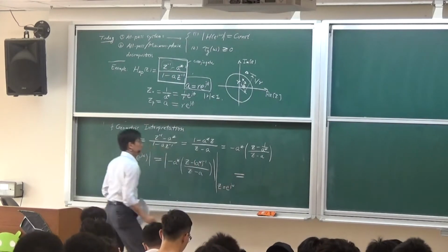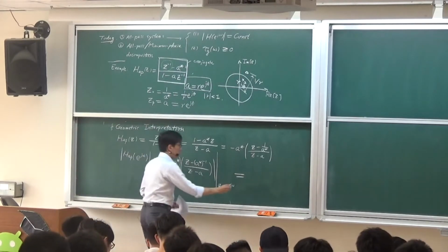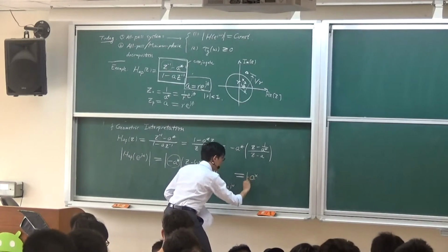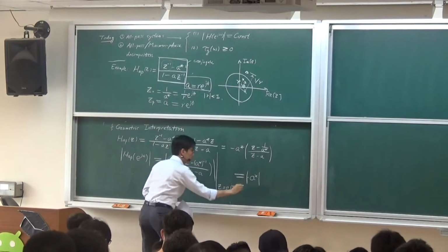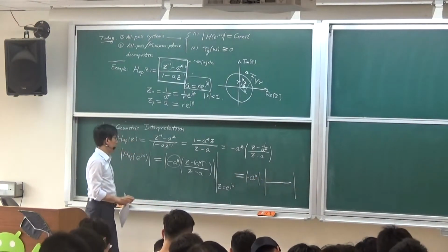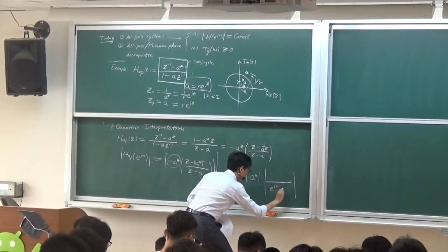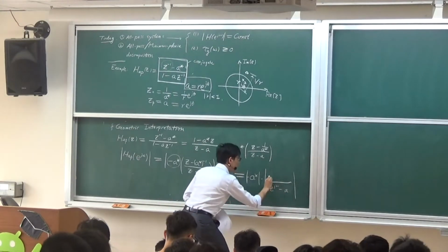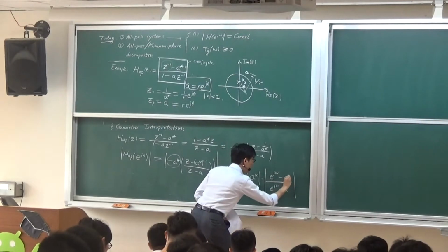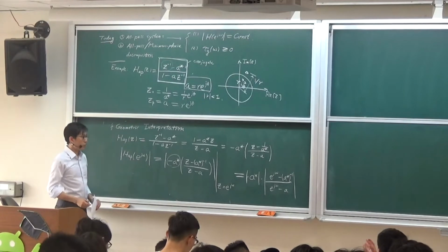Just moving on one more step, this is a star, and copy everything inside. Then we have e to the j omega minus a conjugate inverse over e to the j omega minus a. Let's leave it like this for now.